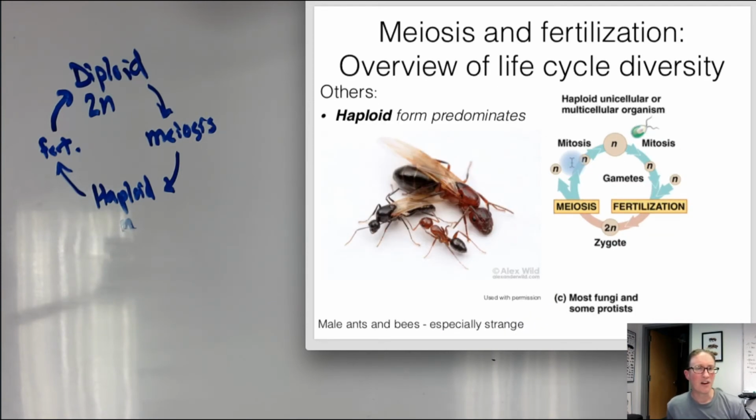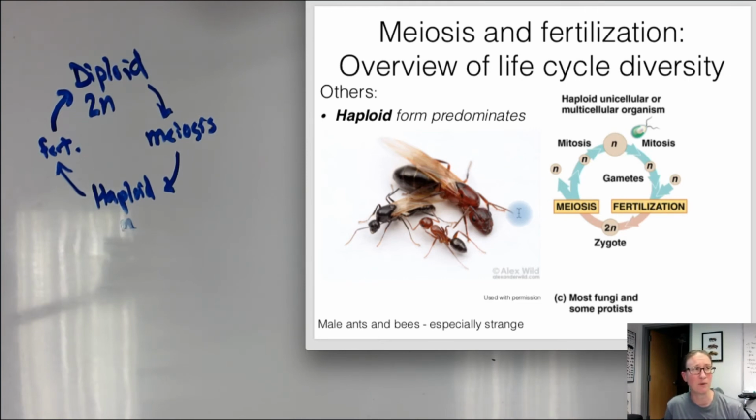And then there are other organisms where the haploid form can predominate. So this again goes back to ants and bees, as I was saying about the haploid form. The male ants and male bees spend their whole lives as haploids. They develop, they mature, and their entire life they are haploid.